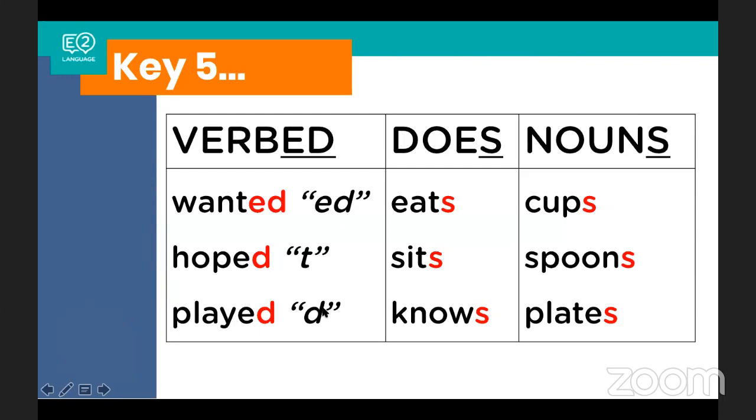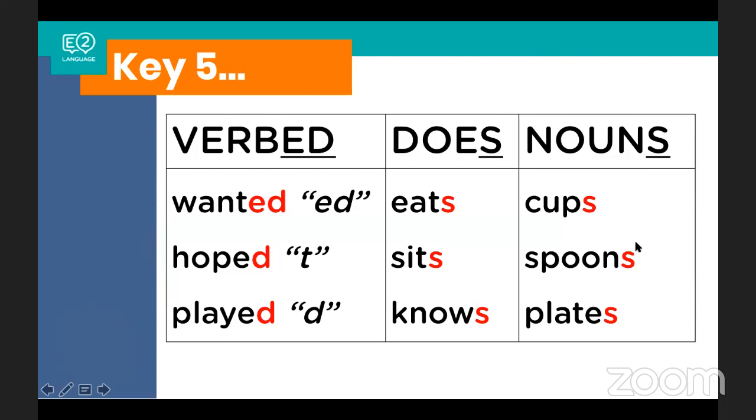Id, t, d. Also in English, he, she, it eats, sits, and knows. It's important that you get that right. And also nouns, 1 cup, 2 cups, 1 spoon, 700 spoons, 1 plate, 1,000 plates.